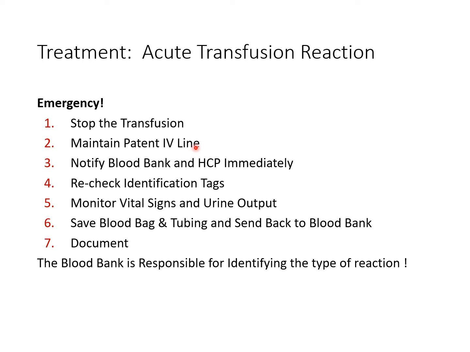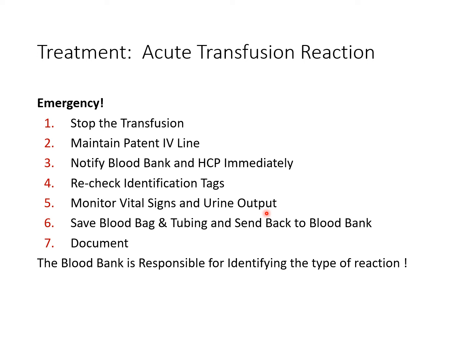All right. You're notifying the blood bank and the healthcare provider immediately. You're rechecking the identification tags because you're trying to figure out, okay, where did I go wrong? You're monitoring the vital signs and your urinary output. You're monitoring urinary output because the patient could go into shock, and that is a really, really severe reaction. Like the kidneys can literally shut off.